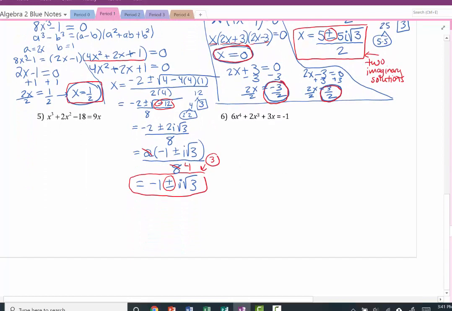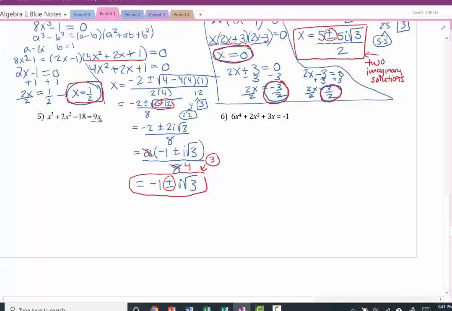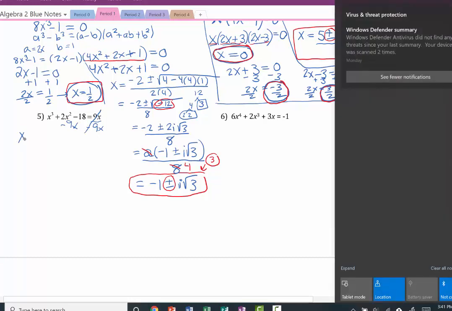Okay, moving on to number 5. Again, I want to point out, you want to make sure you get 0 on one side before you start factoring. So I'm going to go ahead and subtract the 9x over to the left side here.